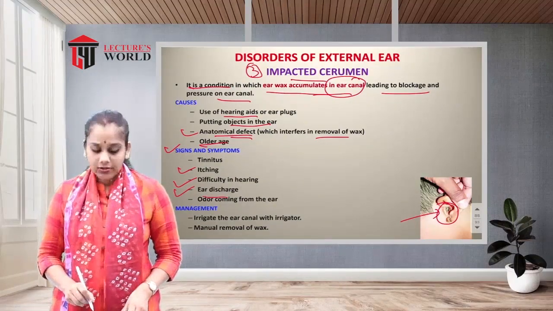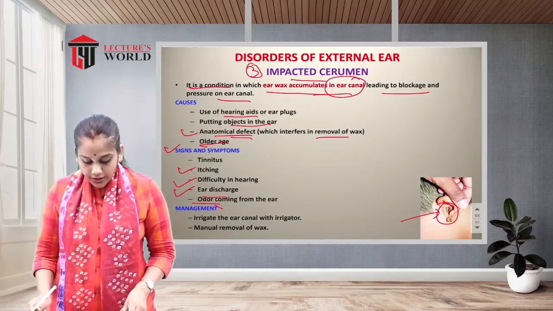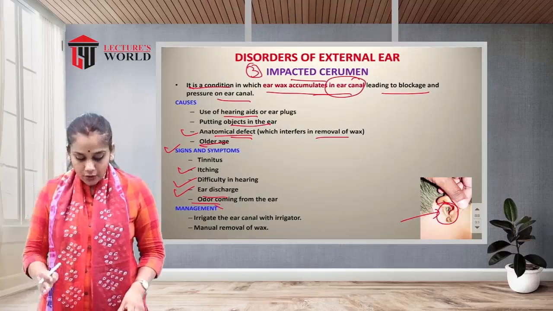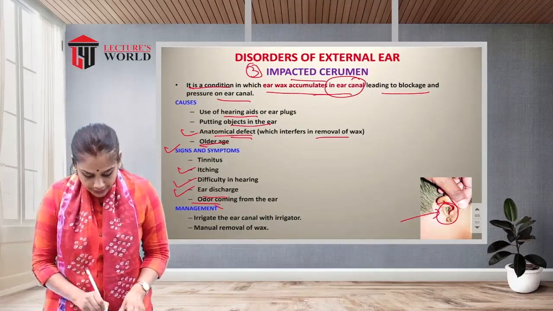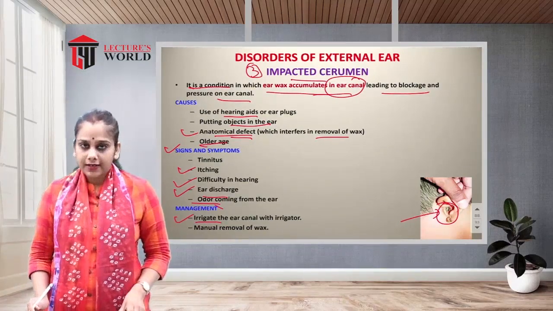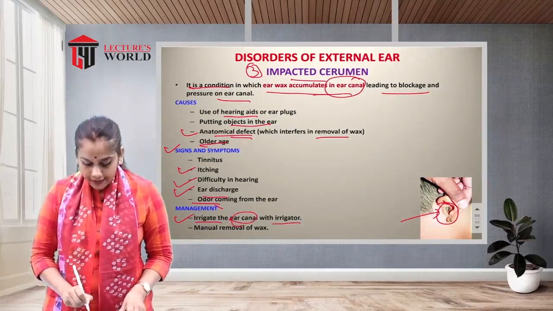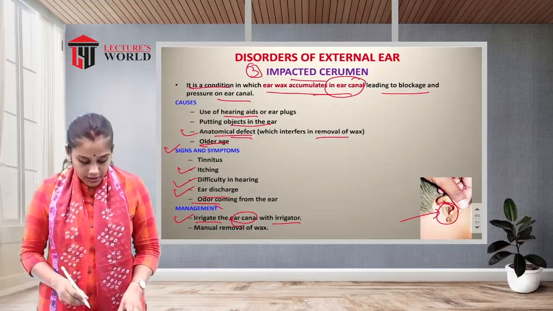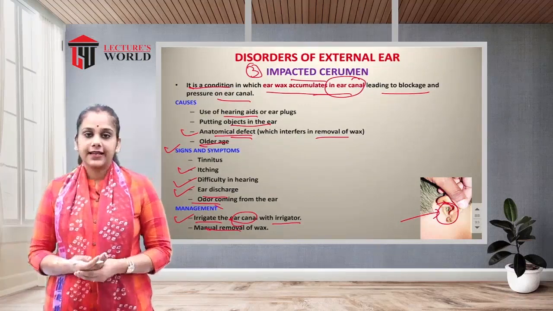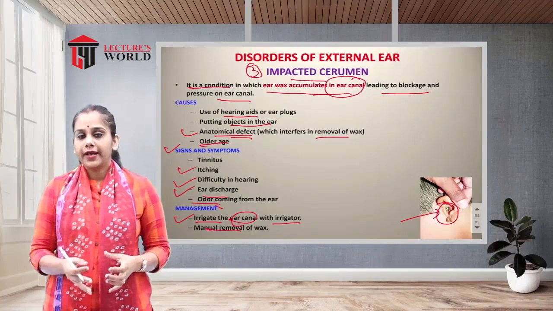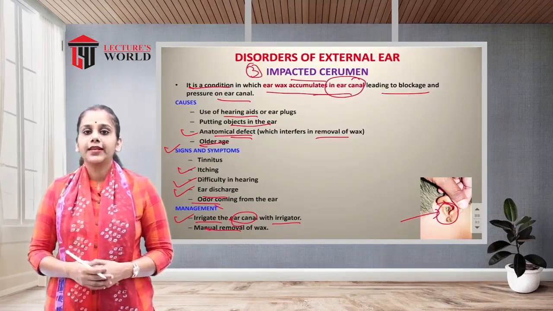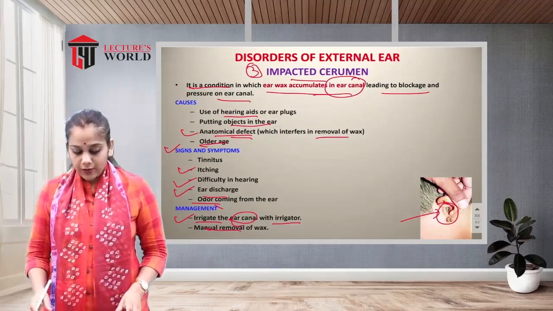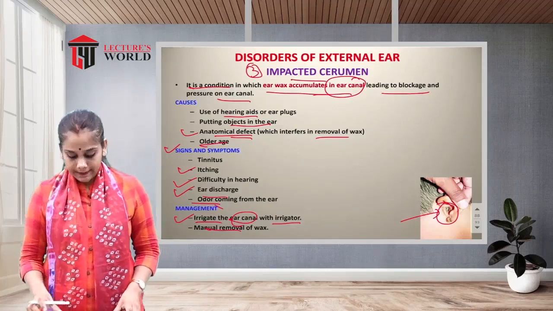Ear discharge, bad odor coming from the ear because of the accumulation of wax. How will you manage? First we have to irrigate the ear canal with the help of an irrigator, so wax can be removed from the ear. Then manual removal of the wax is also a good method for removal of the wax. So what is impacted cerumen? It is the accumulation of ear wax.